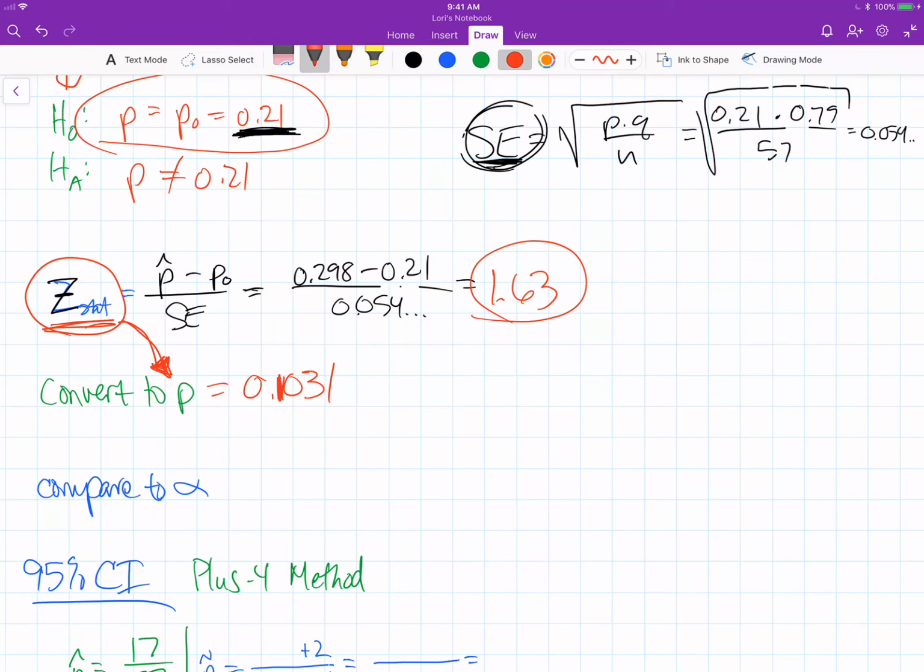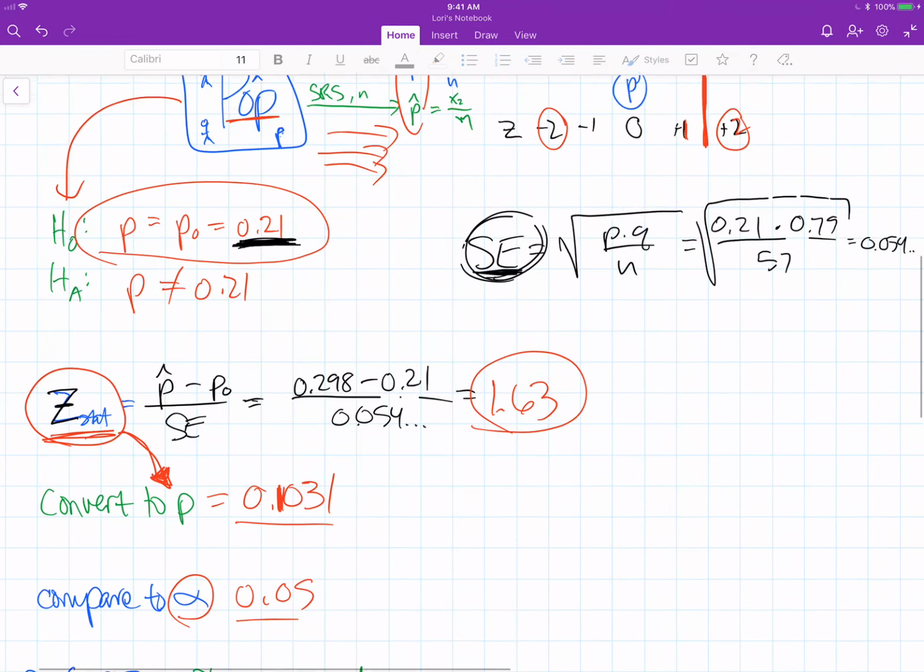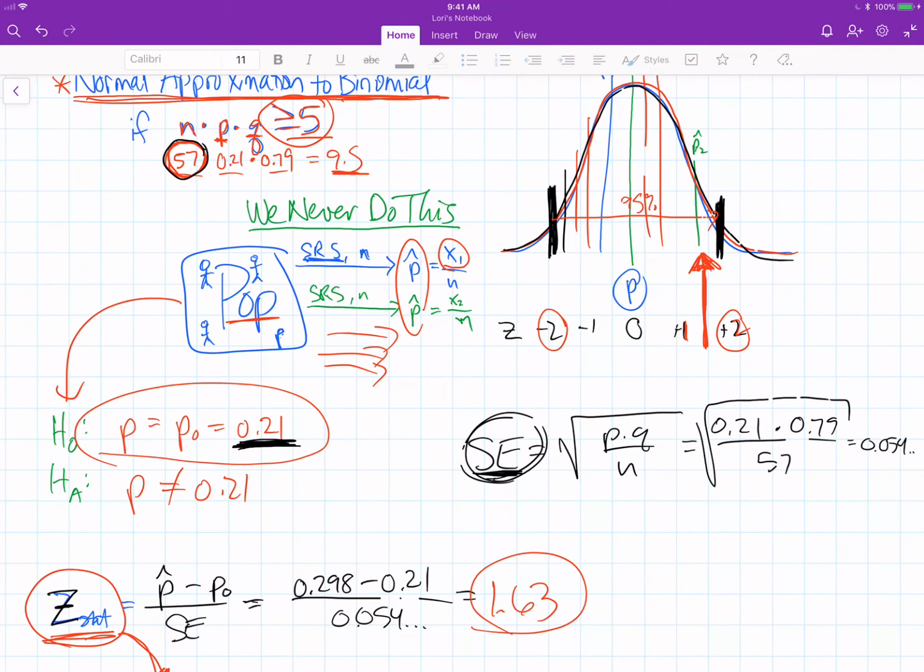Now, if before we ran the test we decided our alpha was going to be 0.05, this number is not less than 0.05. 0.1 is greater than 0.05, which goes along with our observation that 1.63 is within this 95% confidence area.